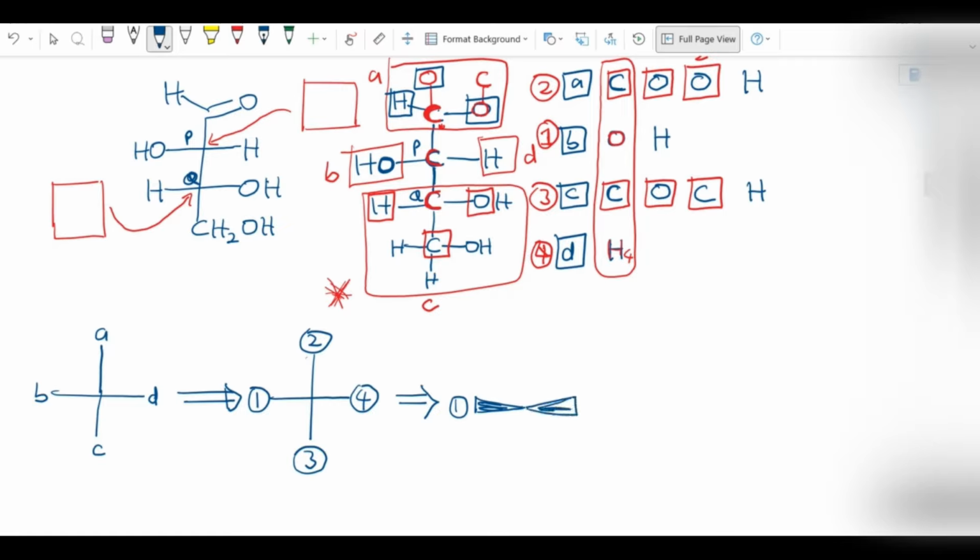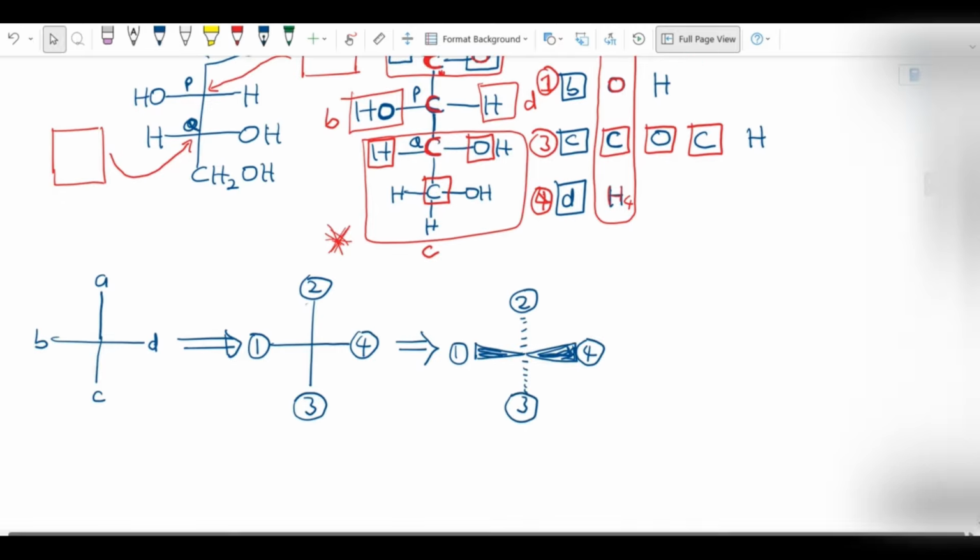The horizontal bonds are wedge bonds, and vertical bonds are dash bonds. So this is the actual Fischer projection.